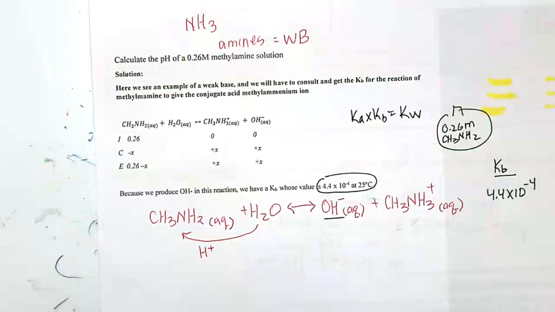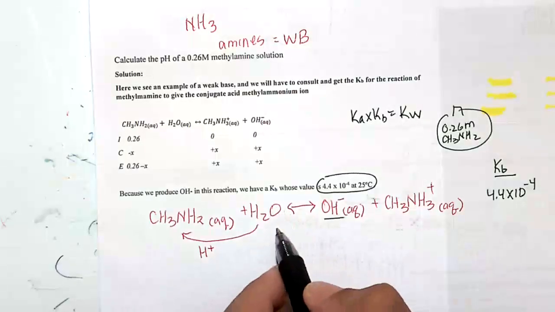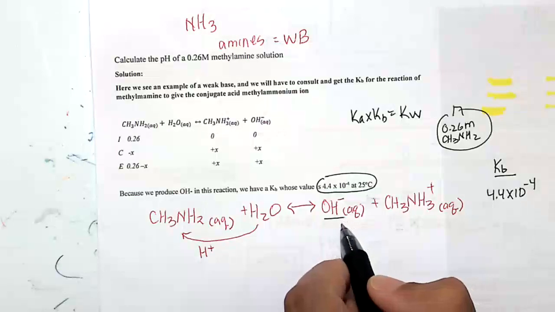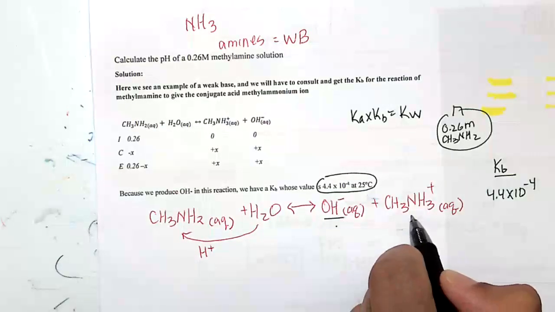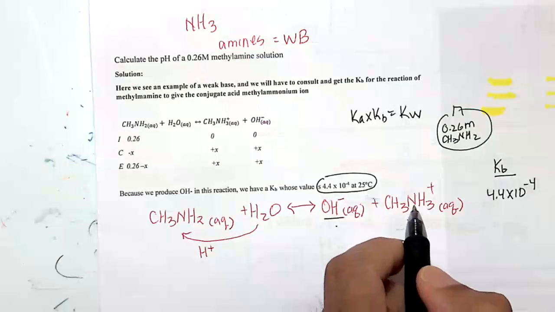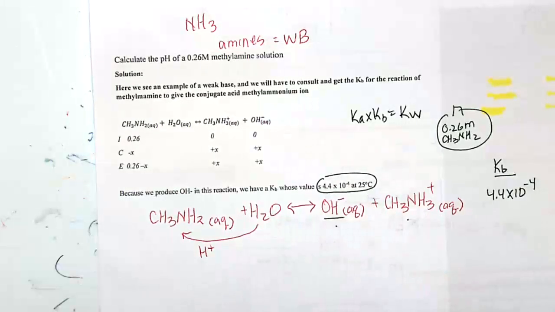But that bottle does not contain methylamine by itself. What else does it contain? Water, but what else? OH minus, and what else? CH3NH3 plus. Methylammonium is what this is called.